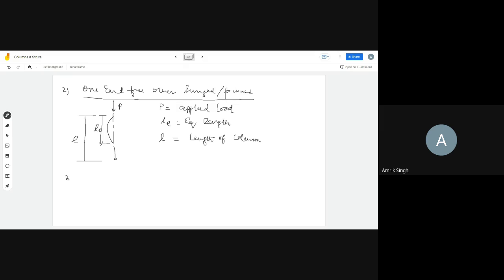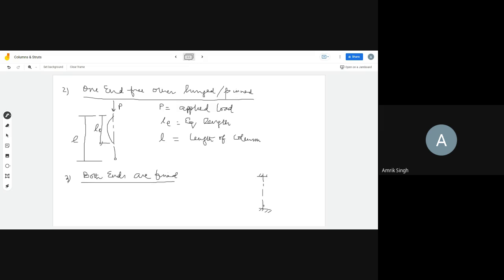The third condition of the support is when both ends are fixed. So it is like this. This is our axis. So both the ends are fixed. This is also fixed. This is also fixed.